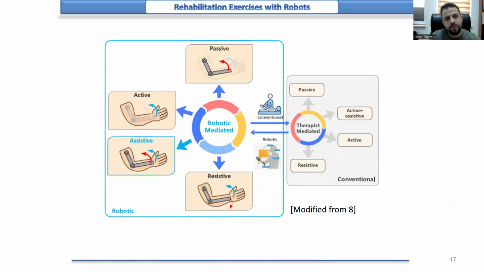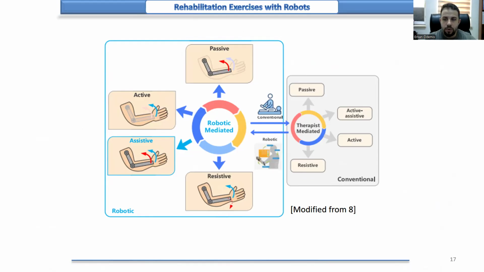At that point, I want to talk about the rehabilitation exercises performed with robotic devices. Robotic rehabilitation devices can be categorized into four groups based on their mode of rehabilitation, which are passive, active, resistive, and assistive. In the passive mode, the robotic device performs the movements entirely, with no effort required from the patient. In active mode, the patient independently completes the exercise without any external assistance.